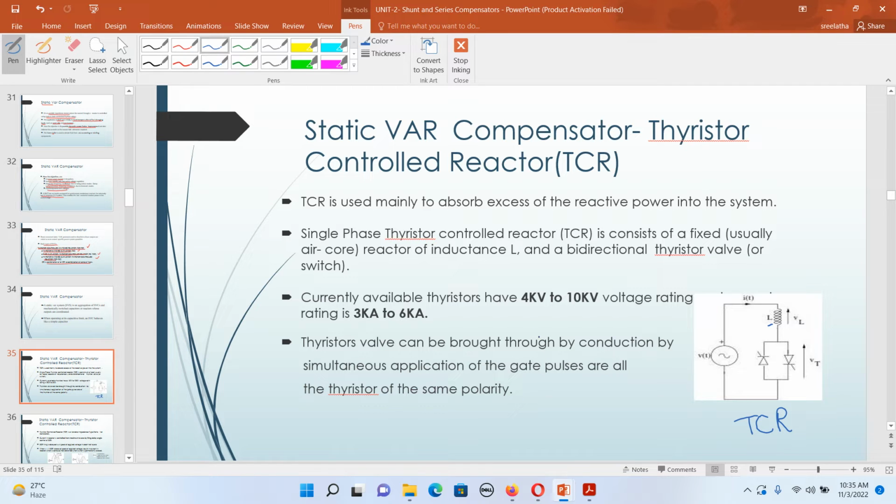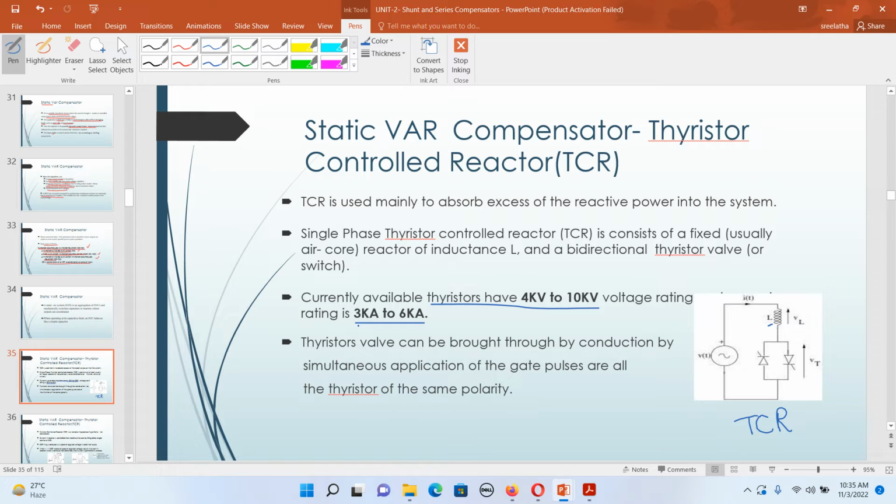And you see, girls, this is the difference between power electronics and electronics. What kind of voltage are these thyristors taking? The thyristors can take up to 4 kV to 10 kV. And what kind of current can it have? 3 kA to 6 kA, kiloamperes.